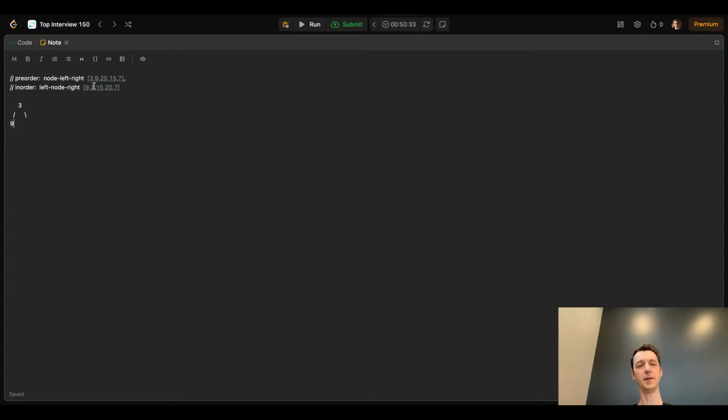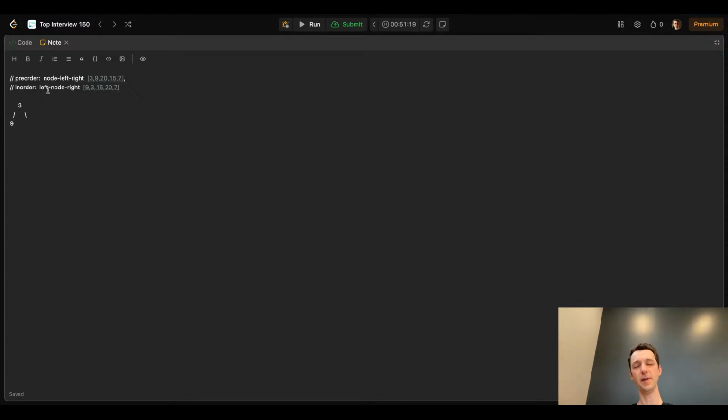since 3 is the child, since 3 goes after 9, since 9 is the leftmost one, and then comes 3, so 3 is the parent. 3 comes right after 9.